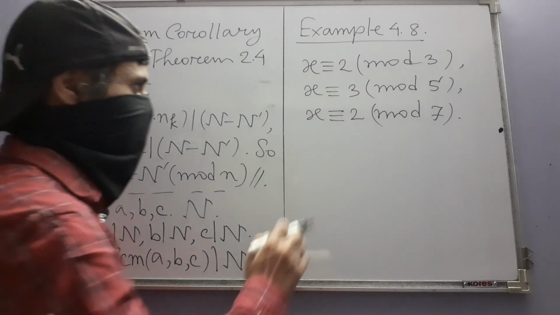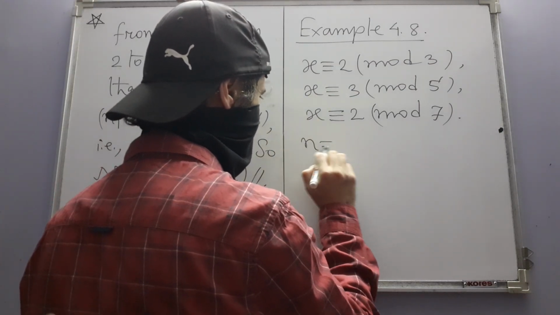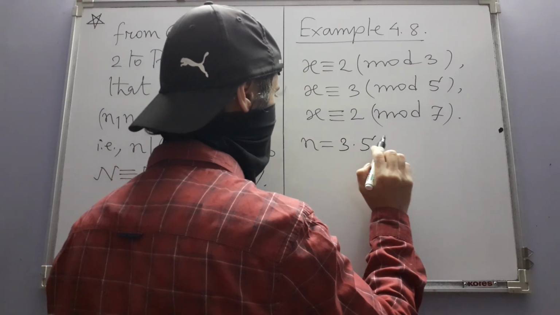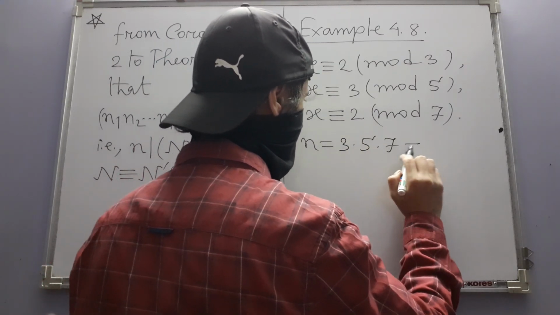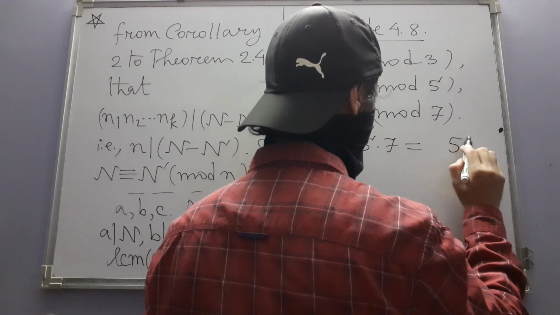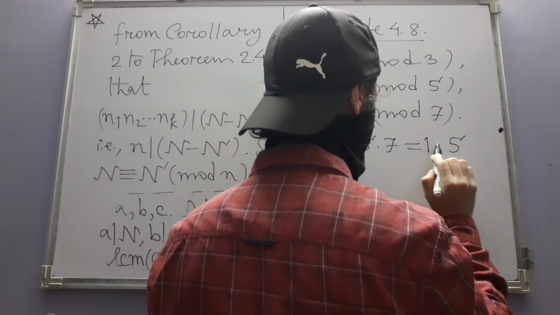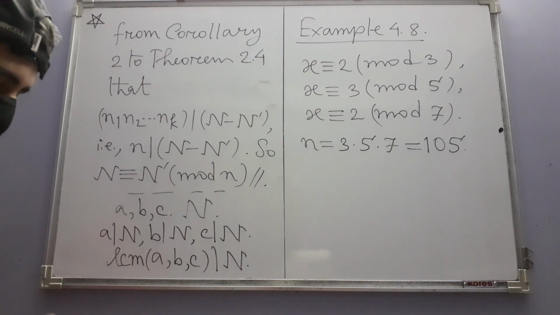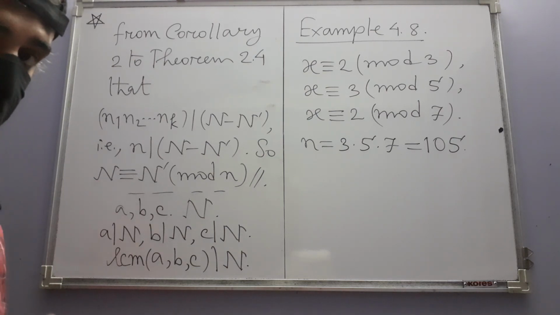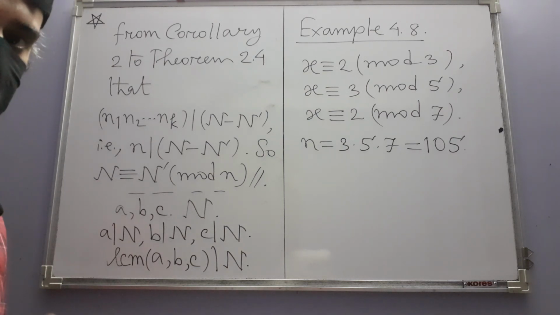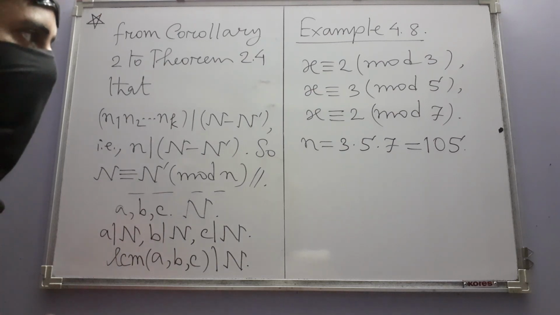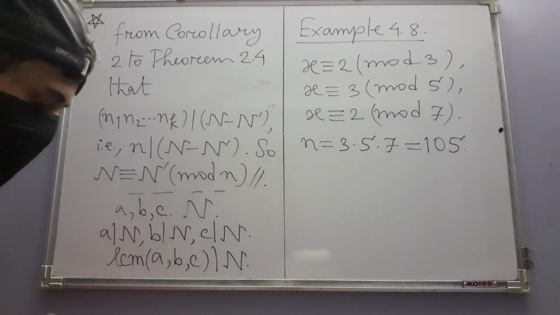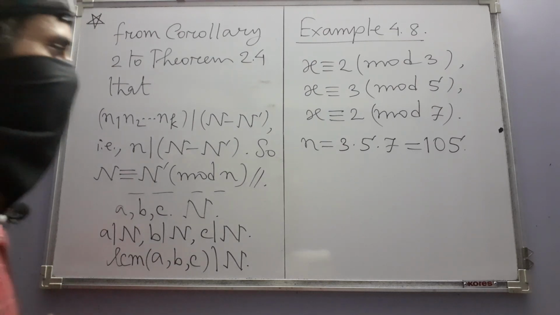So first of all, you consider the integer small n. So this becomes 105. But I have to keep looking at this because I make this type of mistakes very easily. With numerical values, I always make mistakes. This is my weakness.